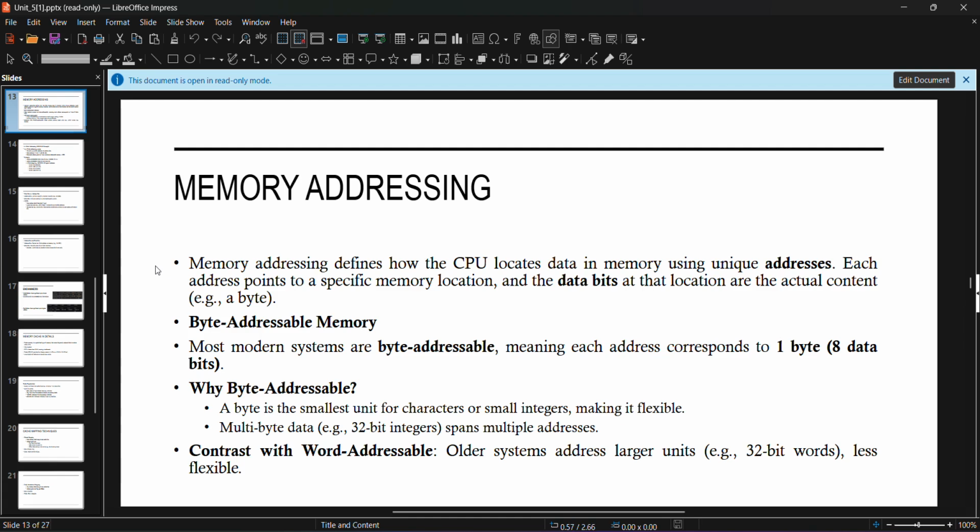So how does memory addressing connect to hashing? When the CPU wants something from the memory, it gives an address.